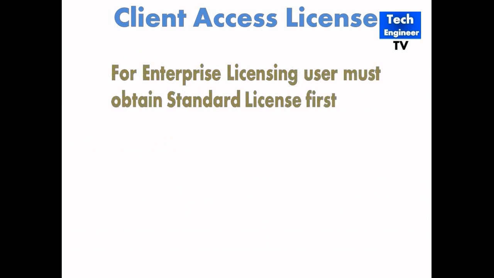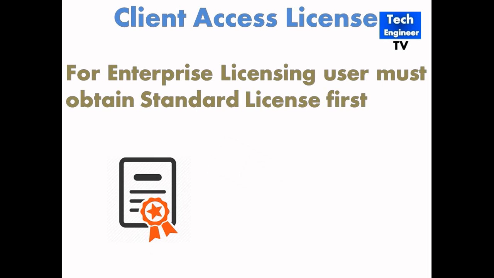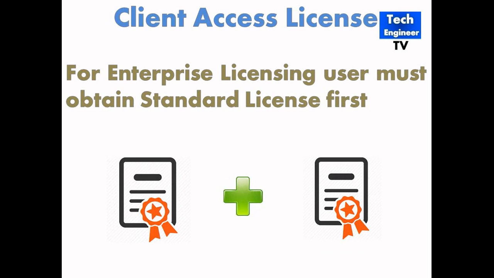Now the client access license is a bit different, because as I said, it is of two types, standard and enterprise. For enterprise licensing, the user must obtain a standard license first. It's not that you directly go and start buying enterprise licenses. You first need a standard license, and if you need enterprise, then both need to be clubbed.